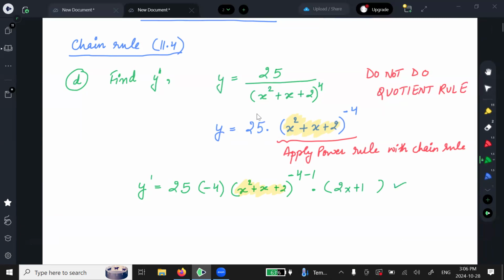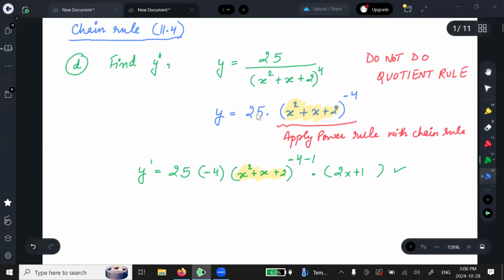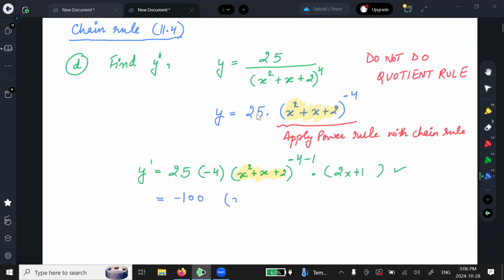Now you can leave it here in the exam. No need to simplify. Negative 100. It's up to you if you want to move the negative power back to the denominator. Even if you don't do that, I'm good. This is acceptable for full credit. Good question, yes. 25 is in multiplication, so it stays as it is, right?